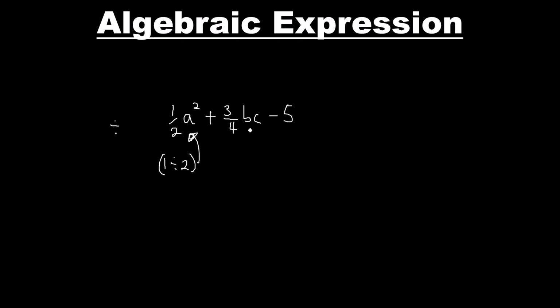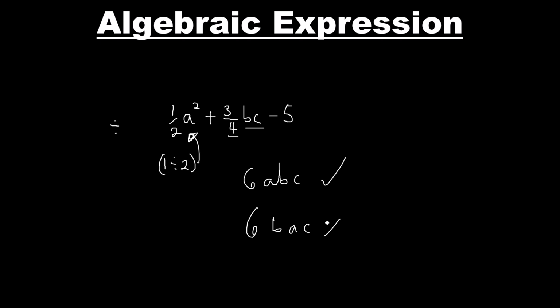Then the next point you have to take note of is numbers are written before alphabets, and the alphabets are written in alphabetical order. So it is correct to write 6ABC and not 6BAC.